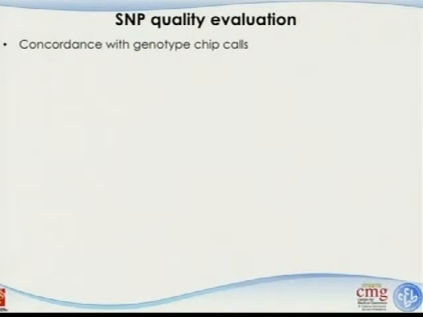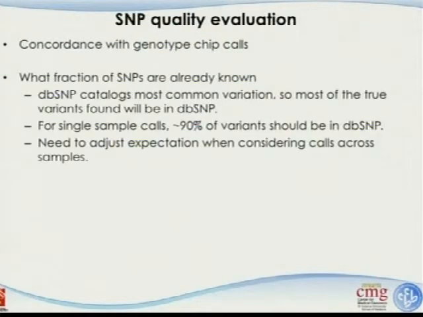Well, actually, it's pretty likely now because the array price is dropping, and some studies do both. So we do have some studies, actually hundreds of samples, that have both genotyping arrays together with exon sequencing. And this really helps us to do the quality control at the very least. Of course, we use that information to do something else as well.